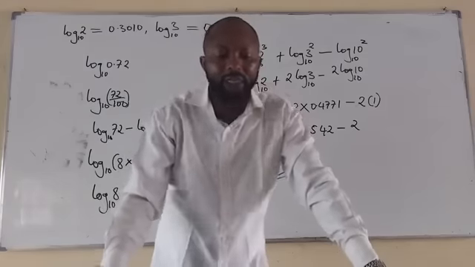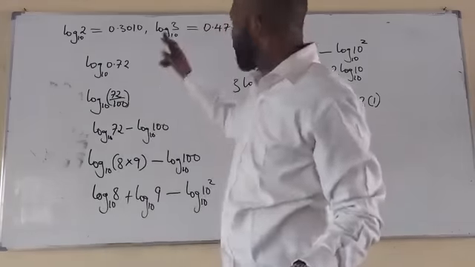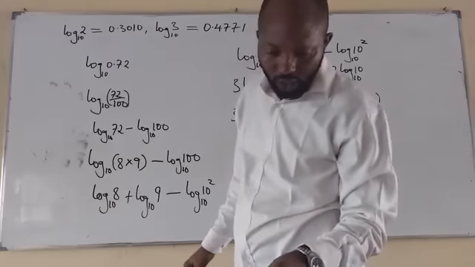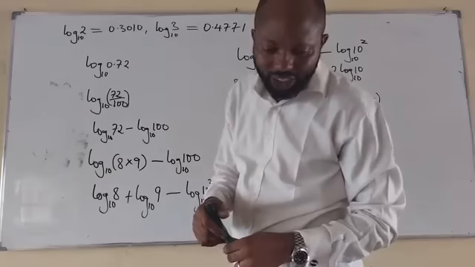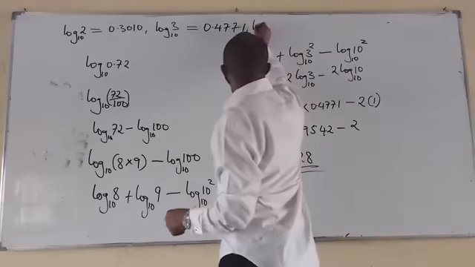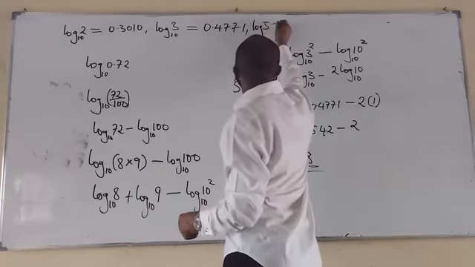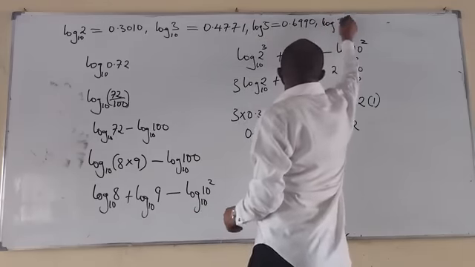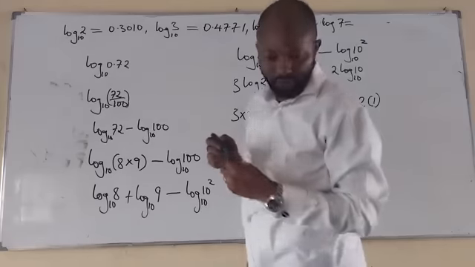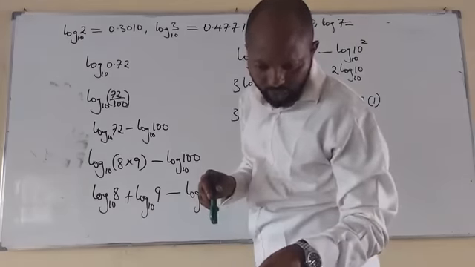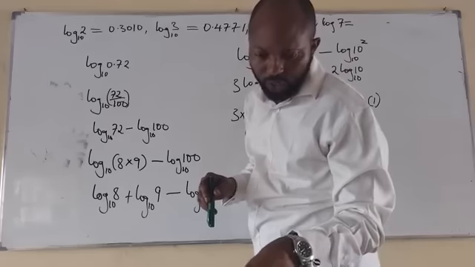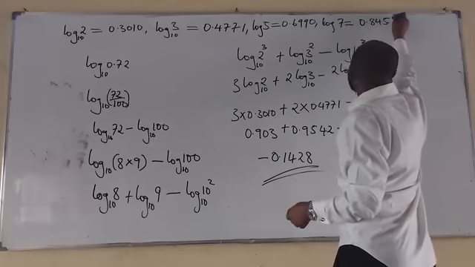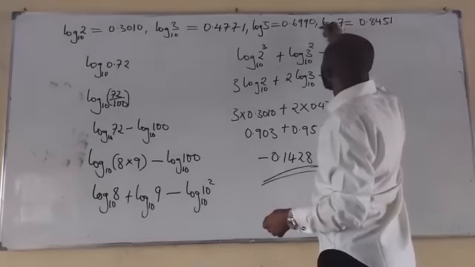Okay, given that log 2 is 0.3010, we can still use that. Log 3 is 0.4771, log 5 is 0.6990, and log 7 is 0.8451, all in base 10.